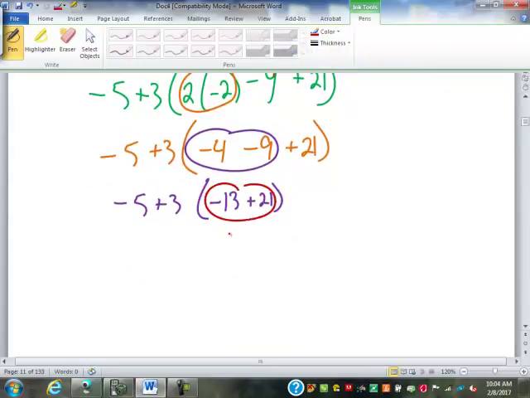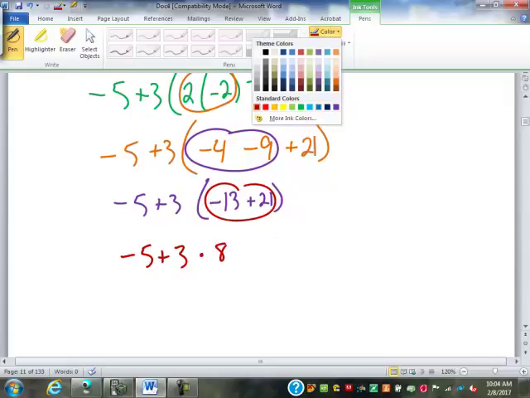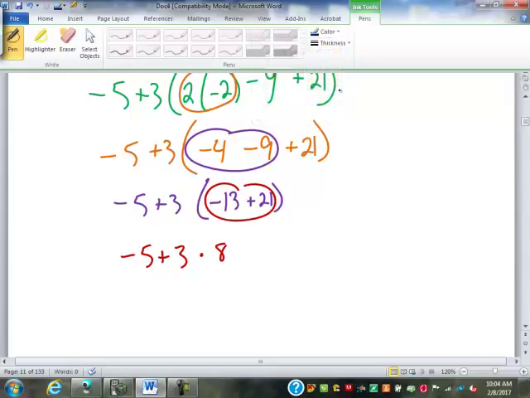Negative 13 plus 21 makes 8. I'm down to a single number in the parentheses. I can get rid of it. I have to remember to do the multiplication. Good. And then 3 times 8 is 24. And negative 5 plus 24 is 18. Good.